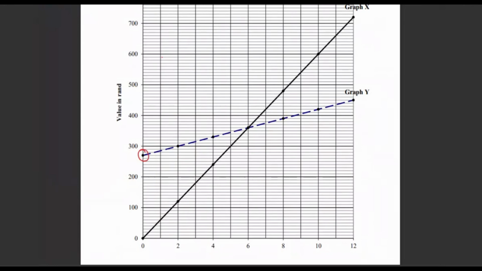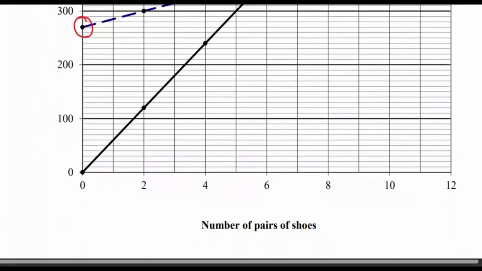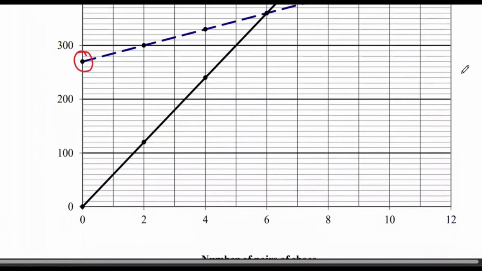If we increase, let's see, that will be around 280, because you find out how many lines are in between these. How many lines are here? 1, 2, 3, 4, 5, 6, 7, 8, 9, 10. That means each line is representing 10 rands.